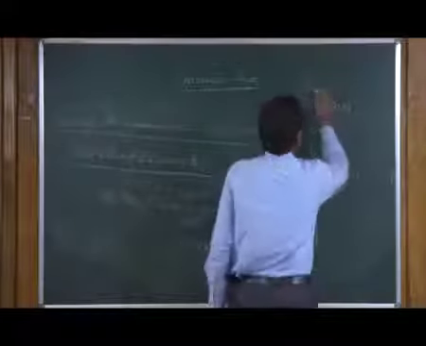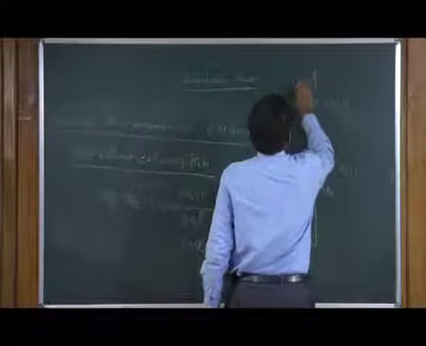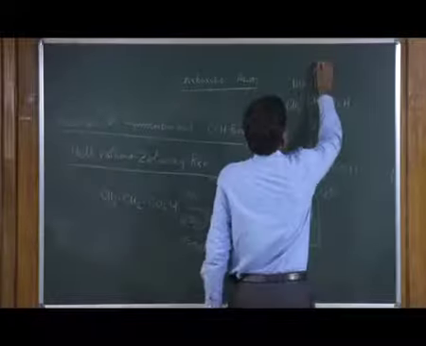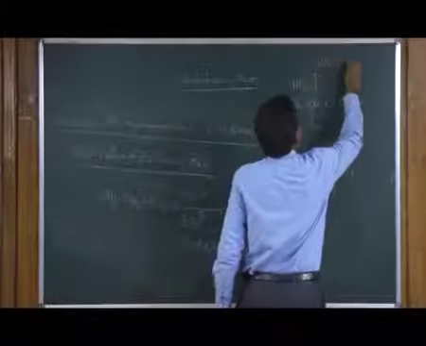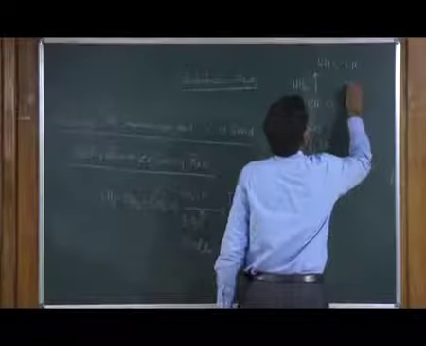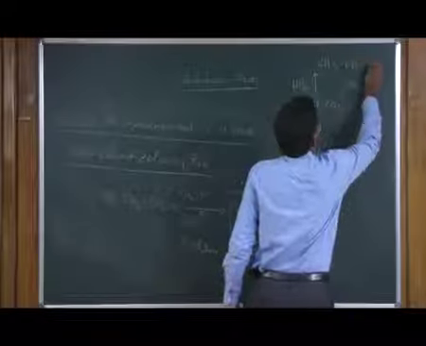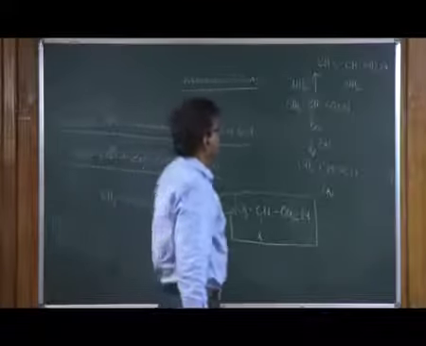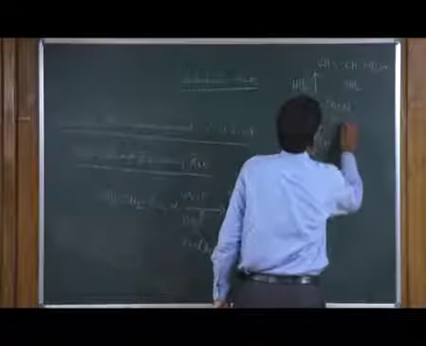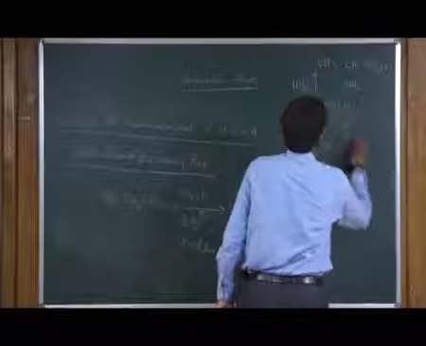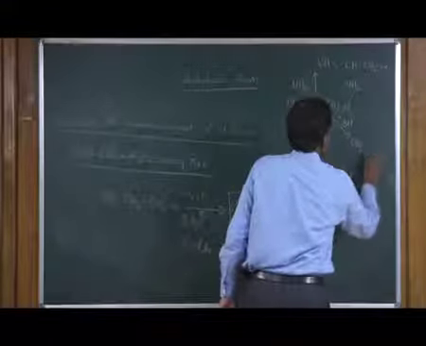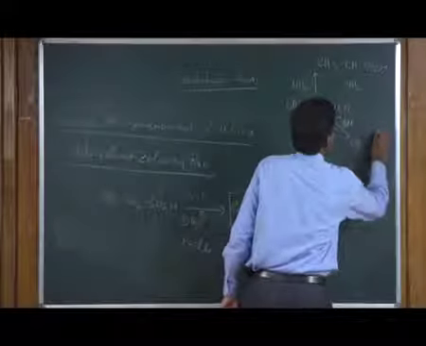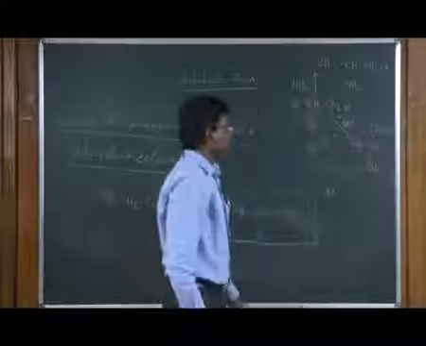Similarly, when you react with NH2 minus, you can make an amino acid, an alpha amino acid. If you react with OH minus, you get lactic acid derivatives. So, lactic acid you can form.